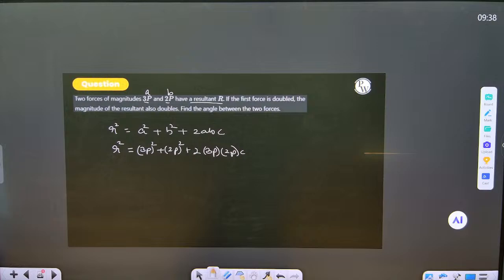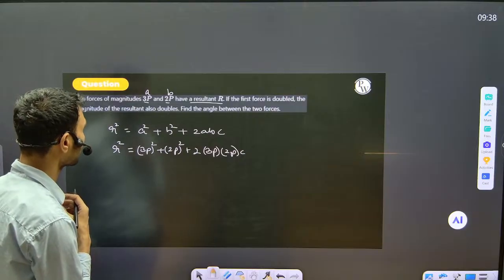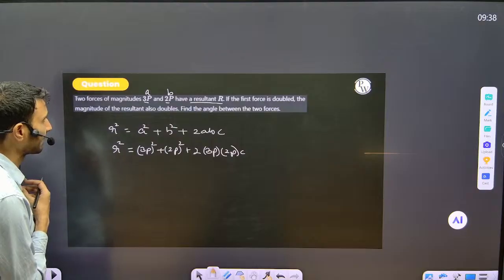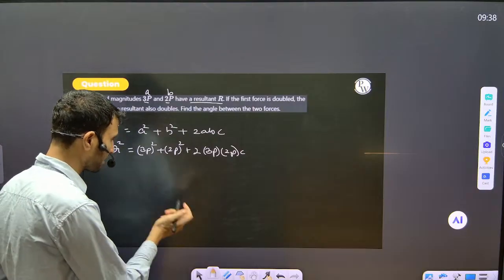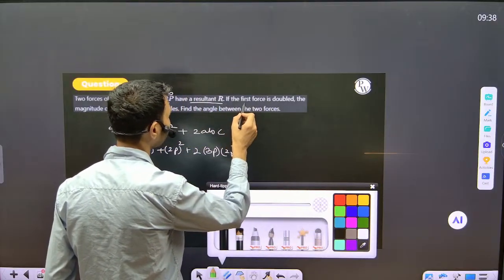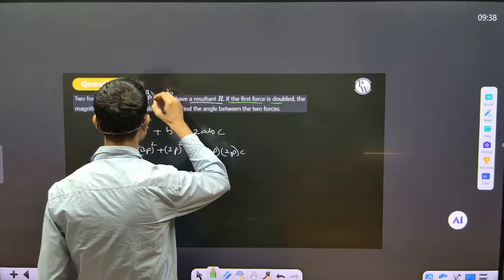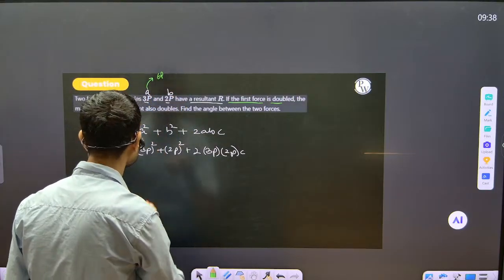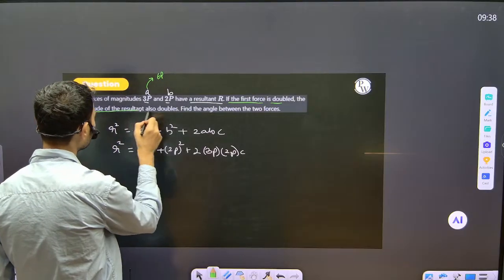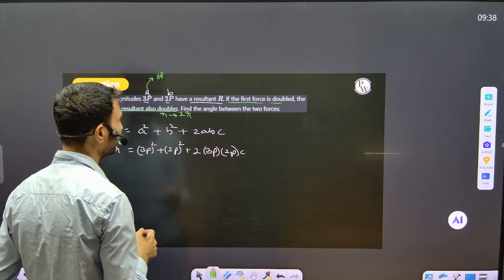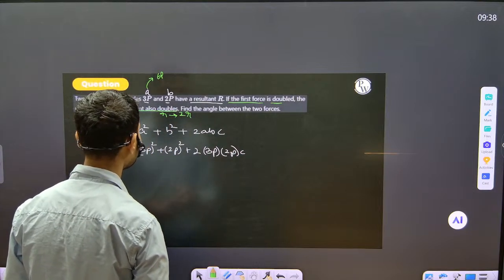Now it is saying that if the first force is doubled, the magnitude of the resultant also doubles. So from 3p it becomes 6p. And the magnitude of the resultant is also doubled, so R becomes 2R. Find the angle between the two forces.